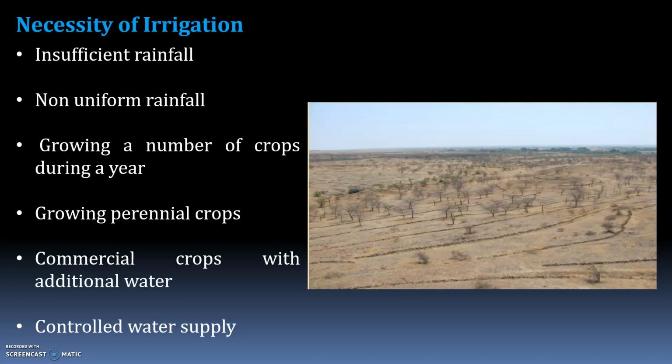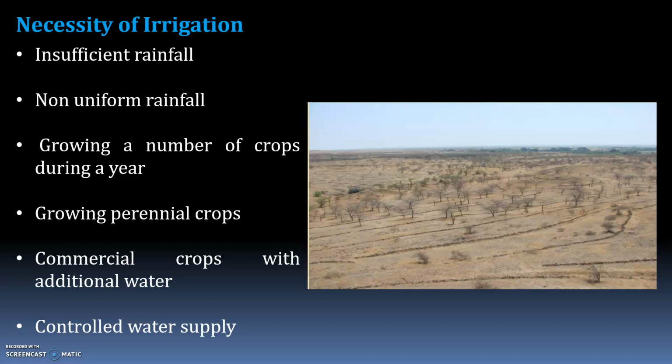So this is about insufficient rainfall. Means, where more water is available, that water has to be stored and conveyed to the area where there is a deficiency of water.